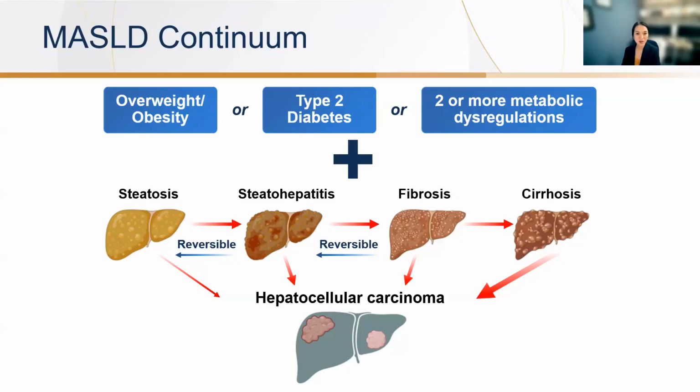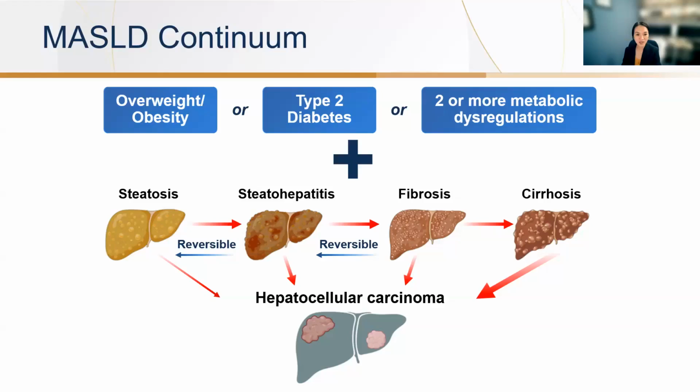If you follow the arrow, with fatty liver steatosis, as time goes by and nothing changes in terms of lifestyle, the fat in the liver can cause inflammation. At that stage, we call it steatohepatitis. If we leave it untouched for a longer period of time, it can develop scarring of the liver, and we name it fibrosis in our liver world.